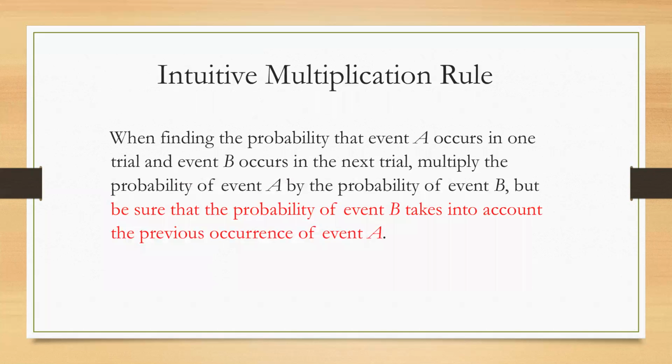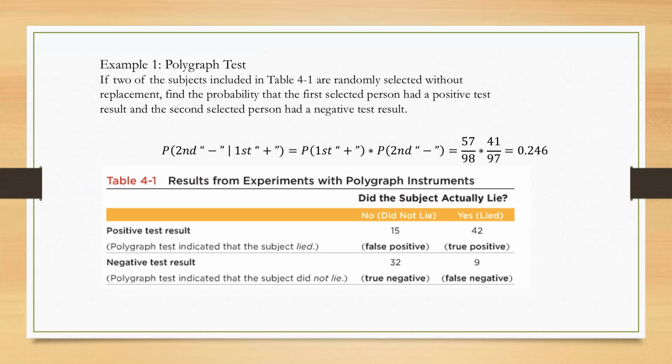So intuitively, when finding the event A occurs in one trial and the event B occurs in the next, multiply the probability of event A by the probability of event B. But be sure that the probability of event B takes into account the previous occurrence of event A. So if we go to this one, the probability of the second negative given the first positive.